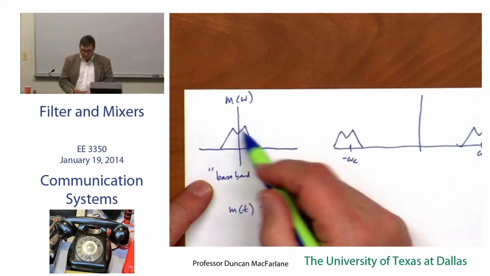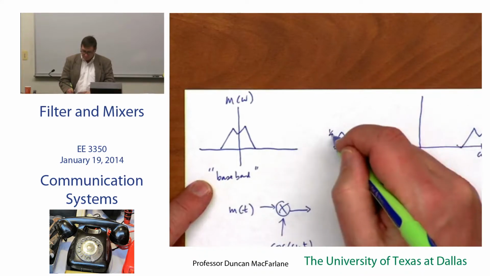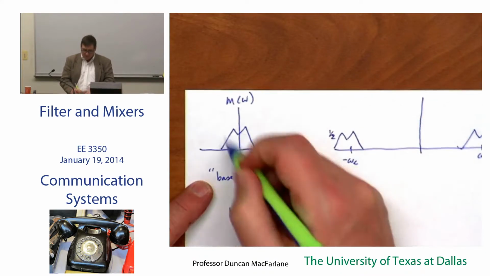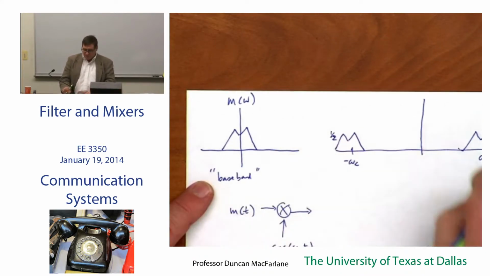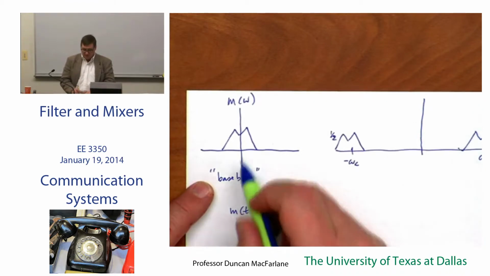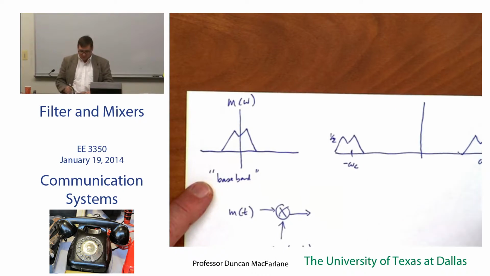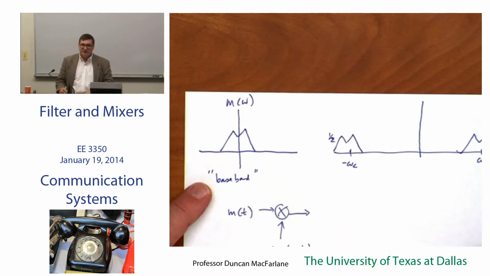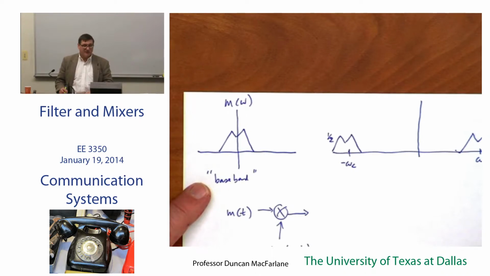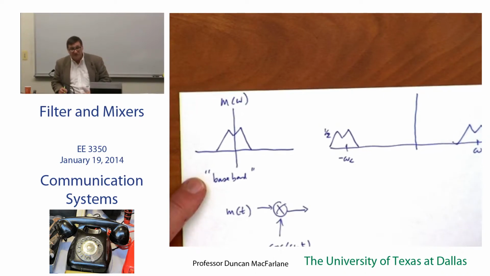So I take this guy, I rip it in half, I throw one to the right, a distance omega c, I throw one to the left, a distance omega c. That's what this multiplication is doing. That's what the modulation is doing. And if you think about it, that's what the modulation property is doing in terms of the convolution.